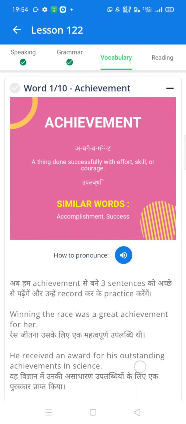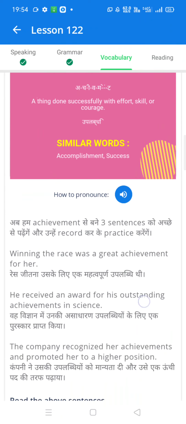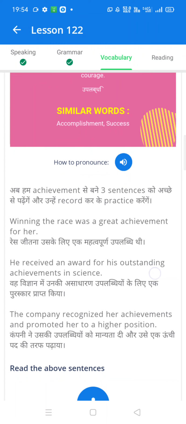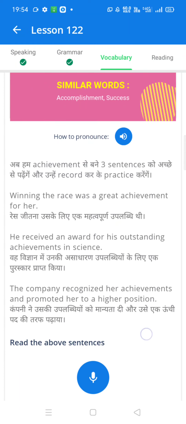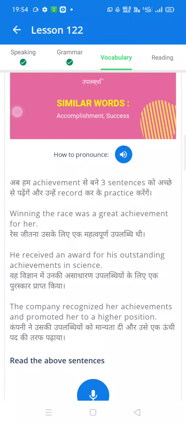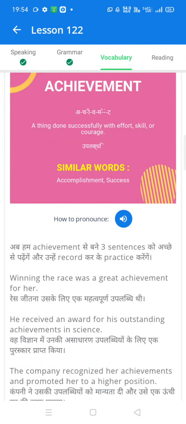Karan will be reading three words, and Shikha will be reading four words, meanings and sentences. Otherwise, they will not allow. Let me tell you something about how to read, that I will show you. Achievement, accomplishment, success.